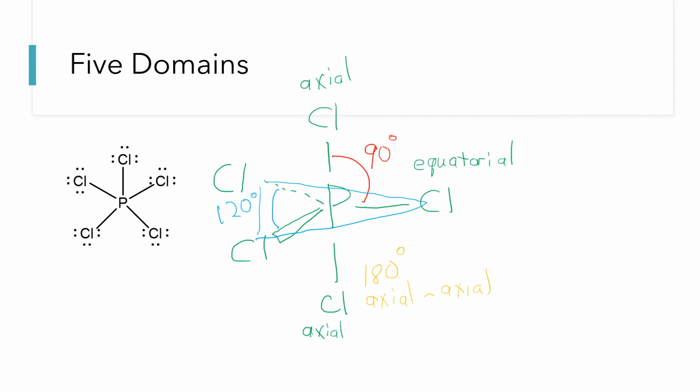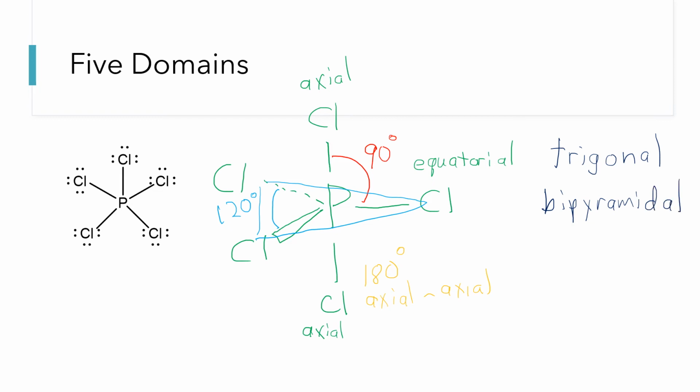Now the name of this strange shape is trigonal because of that equatorial plane, and then bipyramidal. Hopefully I can help you visualize that a little bit.